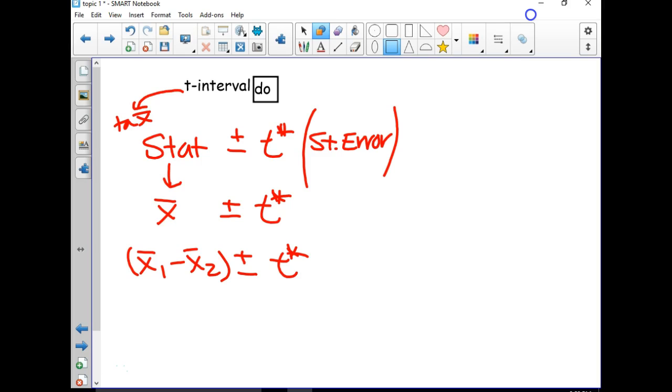Now there's one thing here, how do you find your T star? Do you guys need help remembering how to do that? You go on your table and you have to look at your degrees of freedom. It's n minus 1. Okay? It's n minus 1 for one sample. For two samples, the calculator will give you the degrees of freedom.